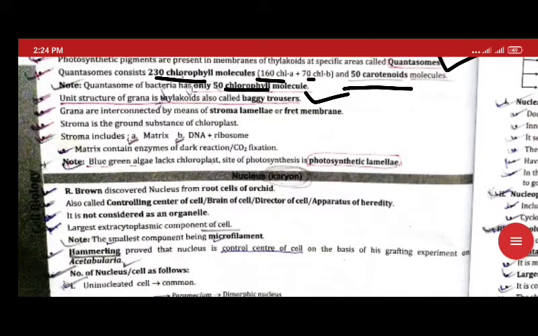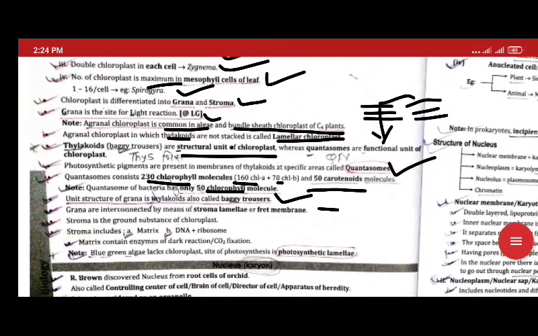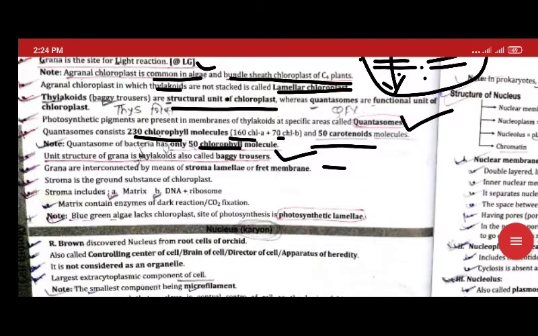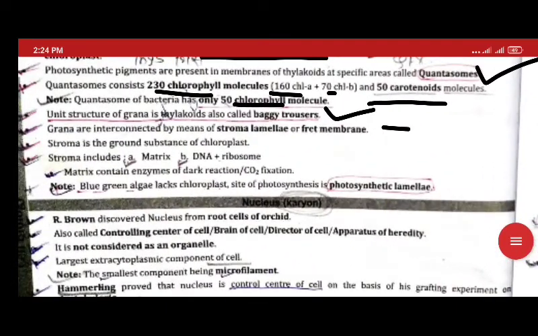Grana are interconnected by stroma lamella. Like this, it is contained in the liquid stroma, which is connected by stroma lamella. Grana are interconnected by means of this, called stroma lamella. Stroma is like ground substance, like liquid.